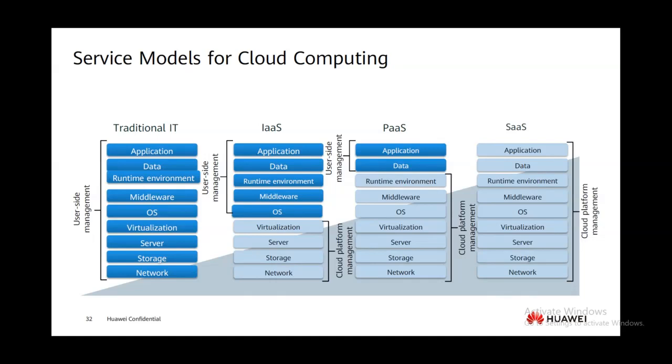In infrastructure as a service, issues related to storage, server, network, virtualization will be handled by the cloud service providers. While issues related to operating system installation, middleware, runtime, data, and applications will be handled by the user.